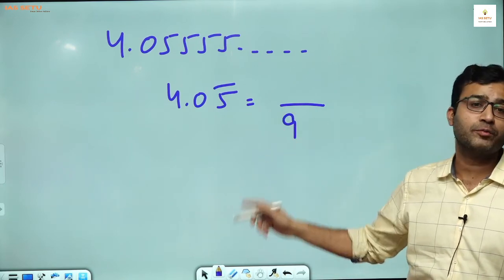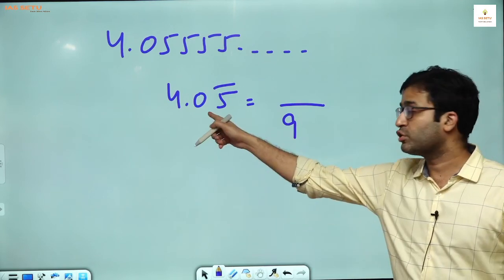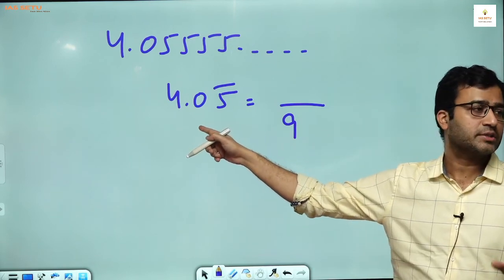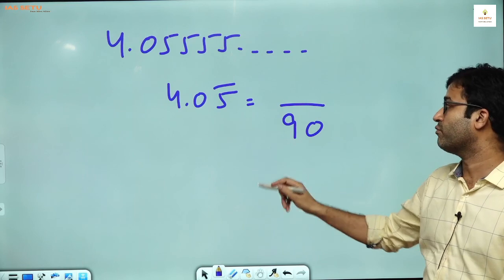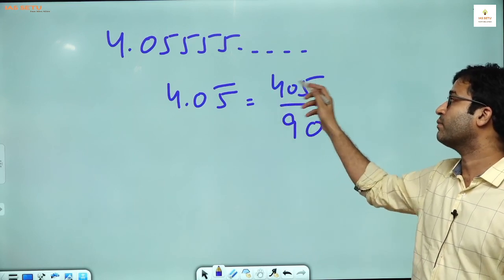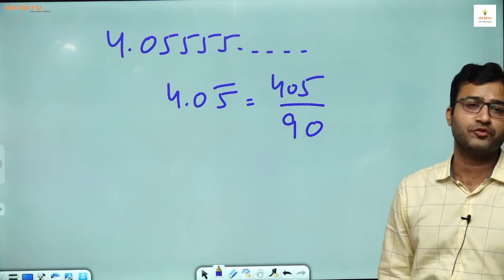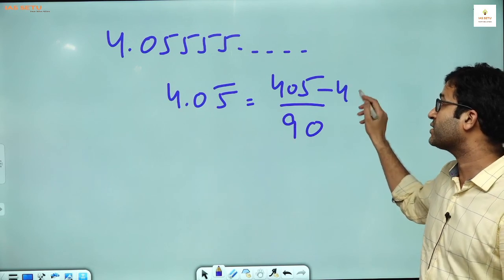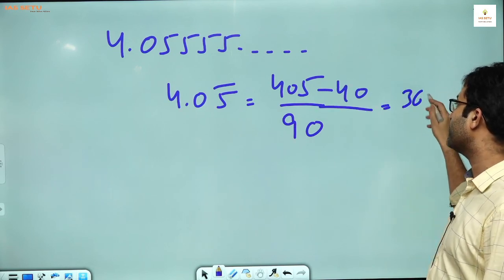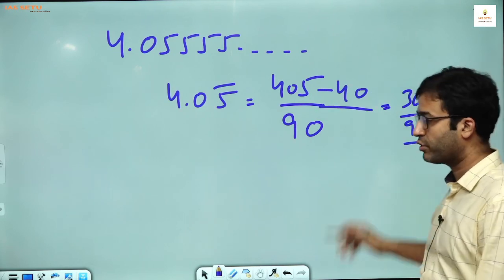How many 0s do I have to put? 0 is also a digit. Some students ignore this part. 0 is also a digit, so we have to put 10. And for the numerator, some students by mistake take 405 minus 4. It will be 405 minus 40. So it is 365 upon 90. Then you can simplify this.